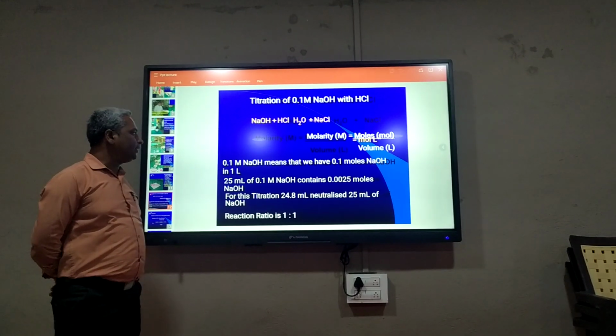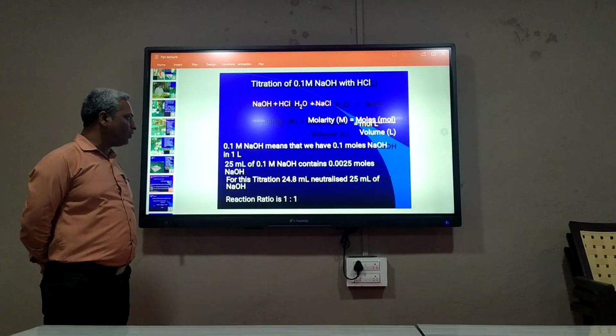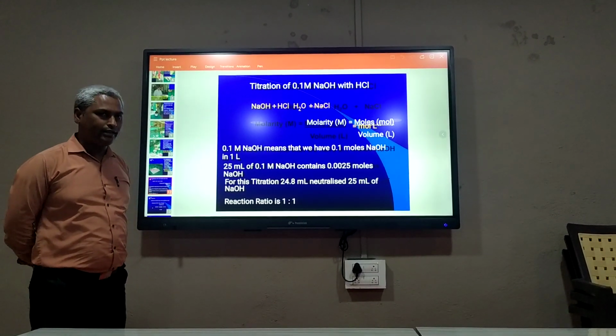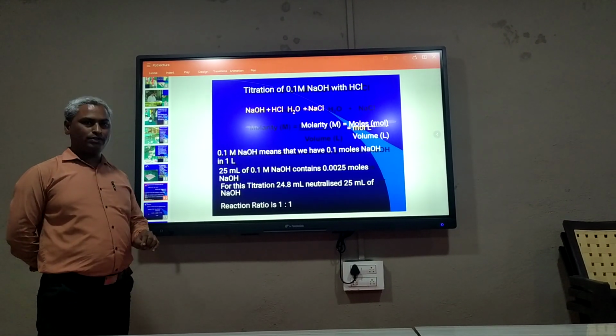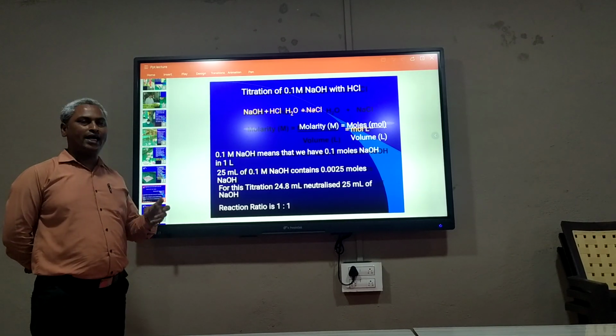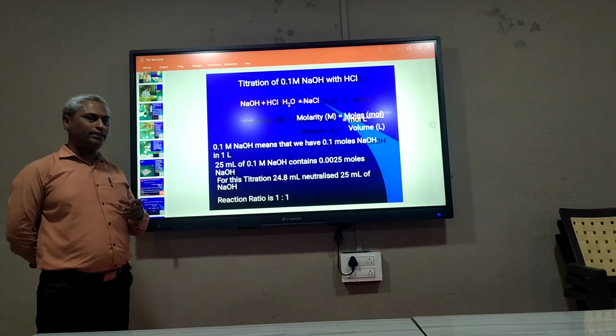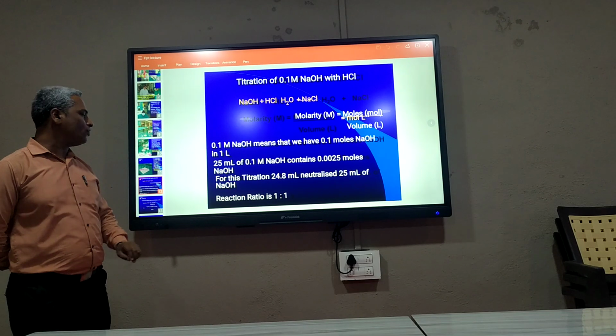This is the molarity of the 0.1 molar NaOH and 0.1 molar HCl that we use, and this shows the stoichiometry of the reaction is 1:1.